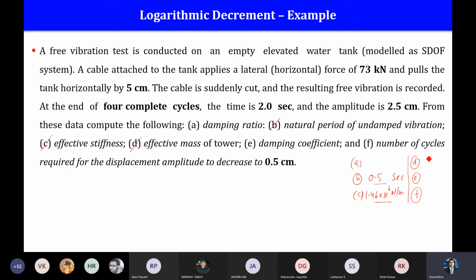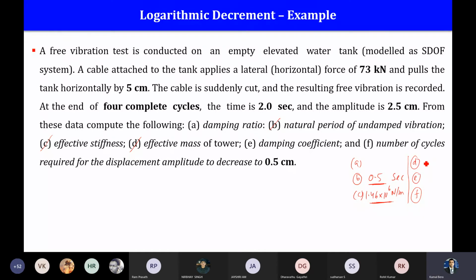Yeah. So what is the mass? Come on. What is the mass? Because you obtained the time period, you obtained the stiffness, then the mass is just one calculator button press. Just tell me. So 9.24 kilonewton.